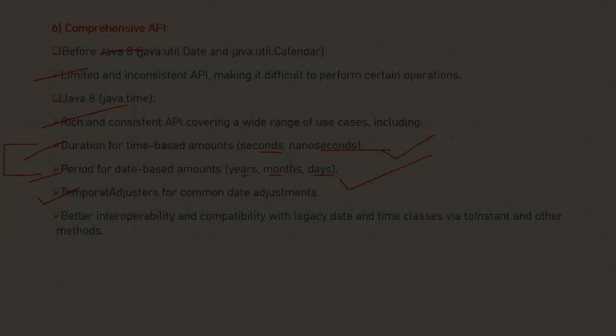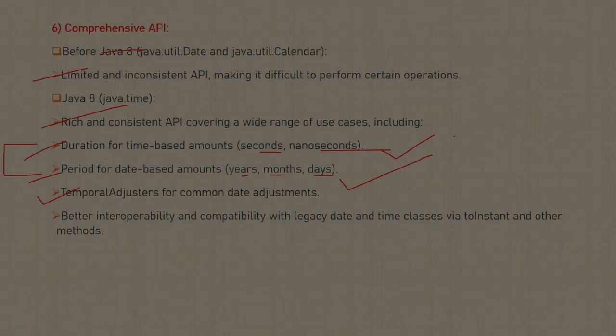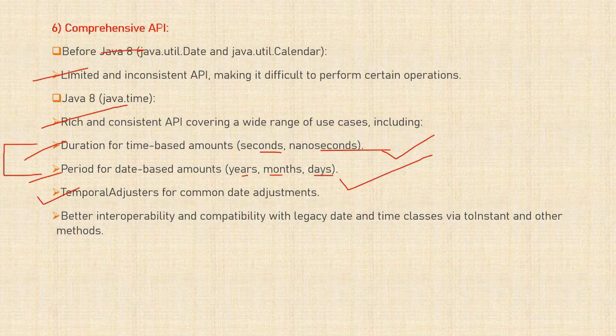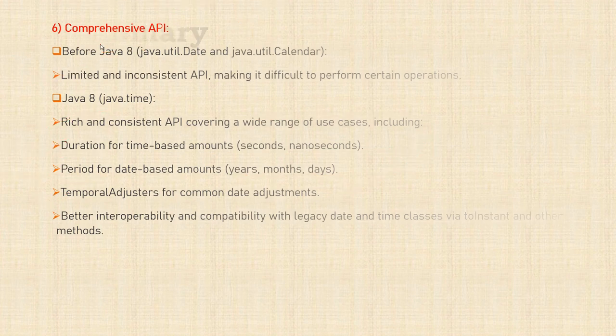So 120 into 60 will be 7200 seconds. That will be the duration between the two time intervals. So that is the example, I hope you understood Duration and Period. In the next coding tutorial we'll try to understand Duration and Period.